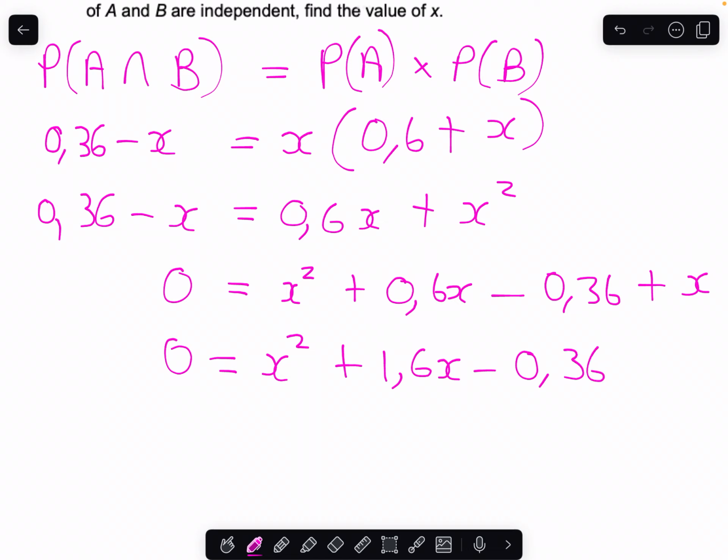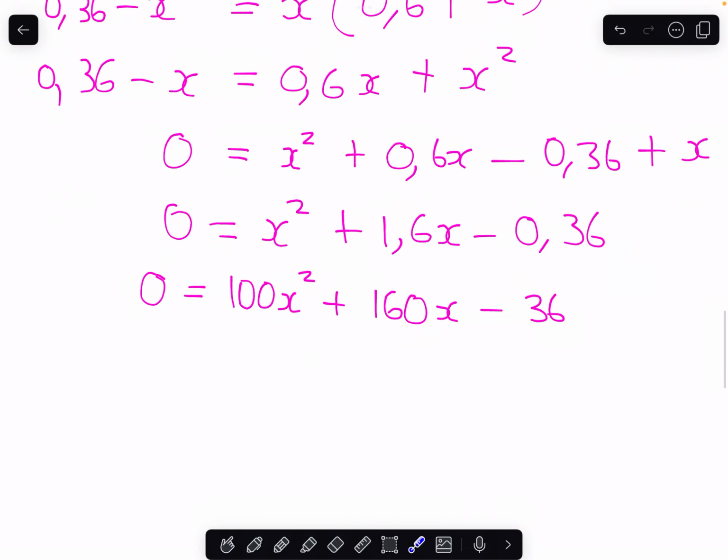Just going to multiply through by 100. Of course, you could just quadratic formula it up in here, but I'm not doing that. Okay, highest common factor here I think is 4, so I'm going to divide through by 4.